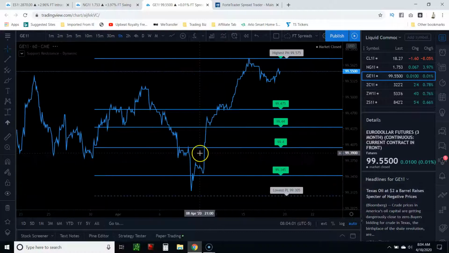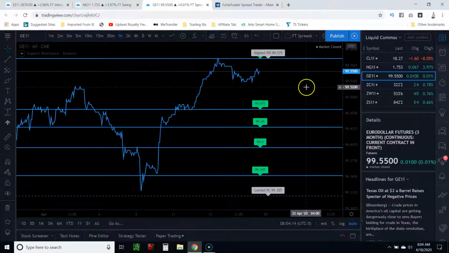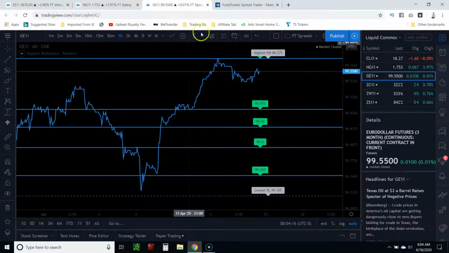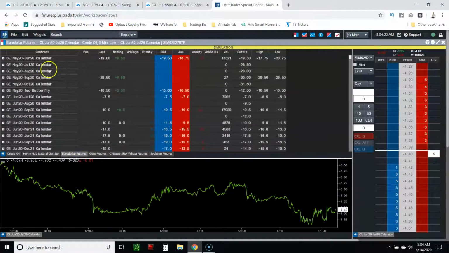So I've learned that these are really good products to spread trade, and I've been seeing results. So this is the outright. I want to go ahead now and do a spread on them. They trade quarterly, although they weirdly have some monthly contracts too. But they are quarterly by design.